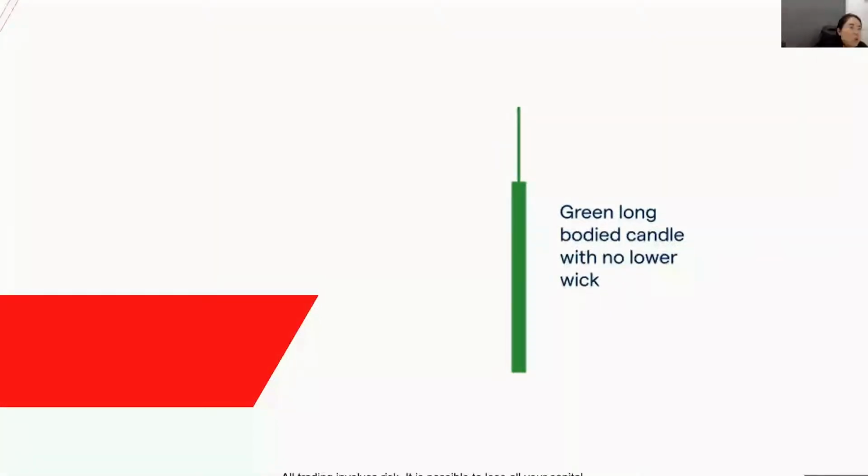Do you see how this is so different from the traditional Japanese candlesticks? If this was the Japanese candlesticks, and you saw a long wick on the top, you would immediately think, oh, there is a rejection, there is weakness. That's why the candlestick is making this long wick. There is a bearish rejection, and you might think the bearish momentum may be strong.